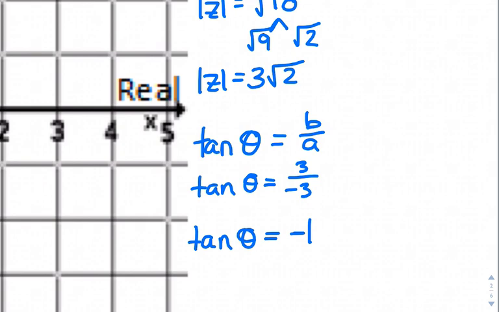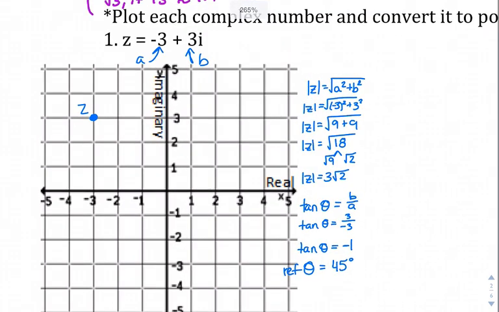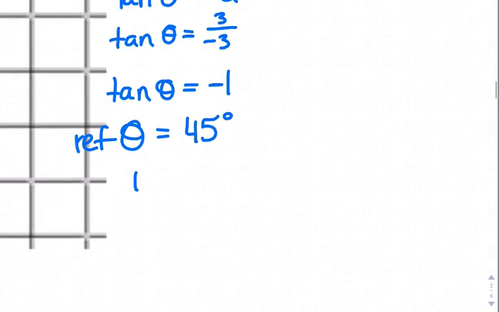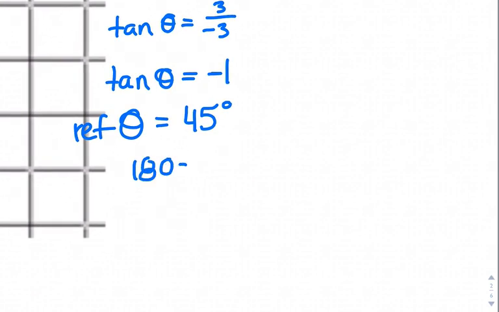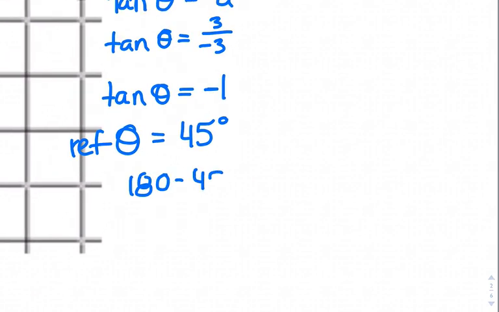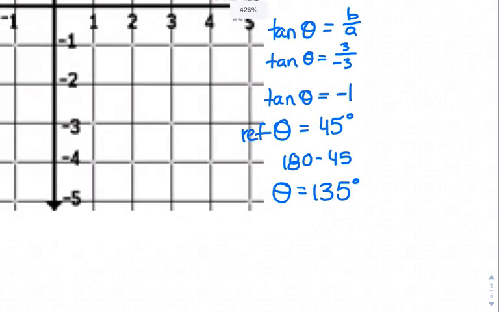However, this is our reference angle, so we have to find our real angle. My point is in quadrant 2, which means I do 180 minus my reference angle, and then that would be 135 degrees.